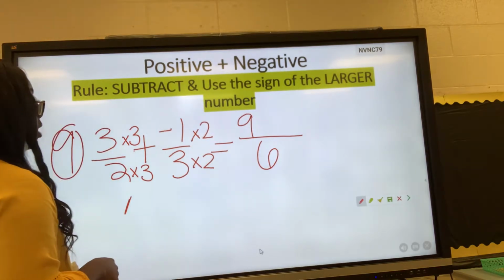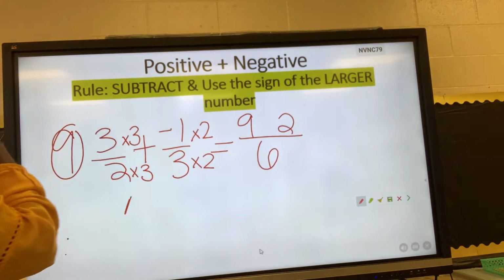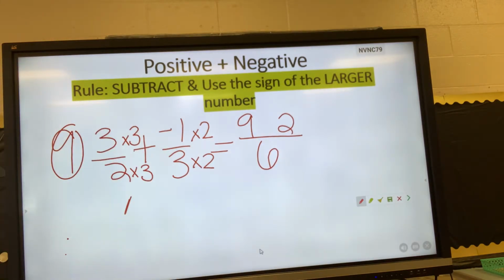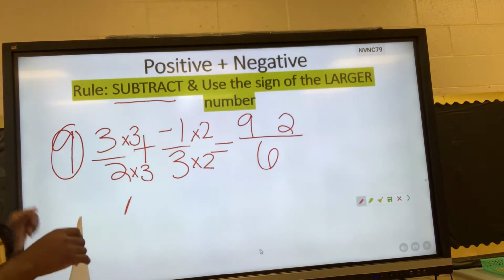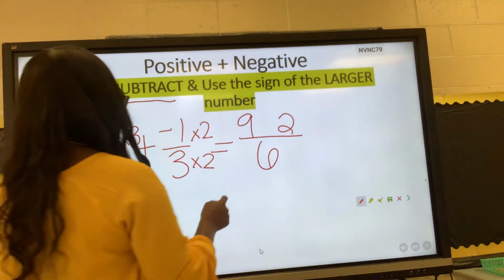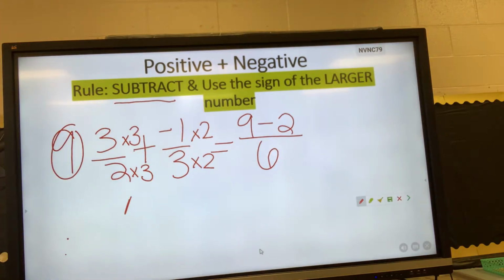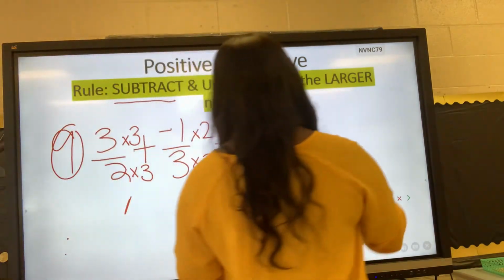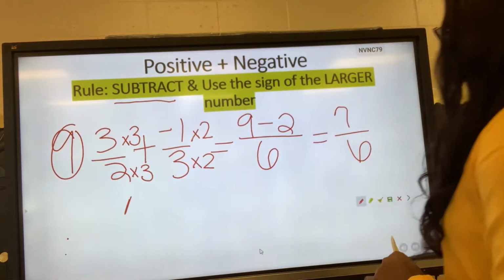So we're going to do 1 times 2, which gives you 2. Now we have to say, okay, well, what are we doing here? You have to subtract because that is what it says to do first. So if we subtract, we know that we put that right there because we're subtracting, right? And so 9 minus 2 is going to give us 7 over 6.